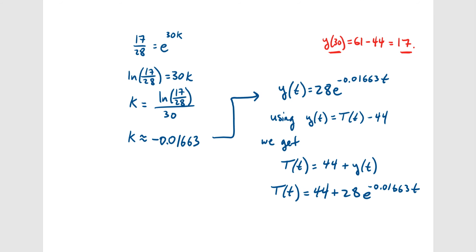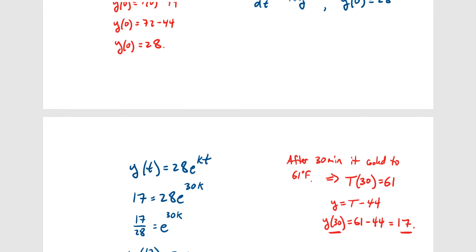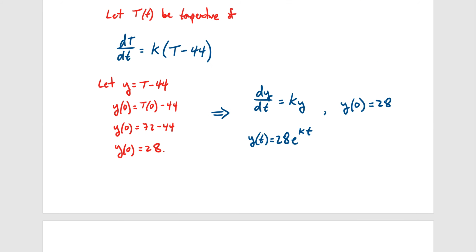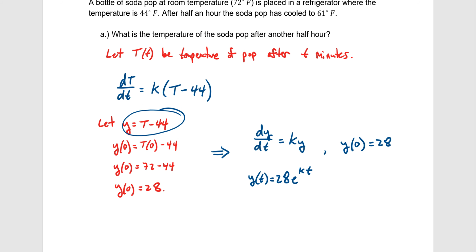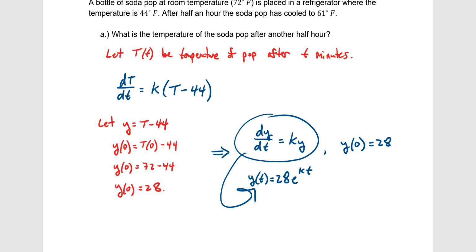Okay, so before we answer our question, let's just go ahead and review what we did. We started off with the differential equation written like this, but we wanted it in this form. So we had to let y equal this portion right here, so it would be in the correct form. Then we need to find the solutions. The solutions are in this form.